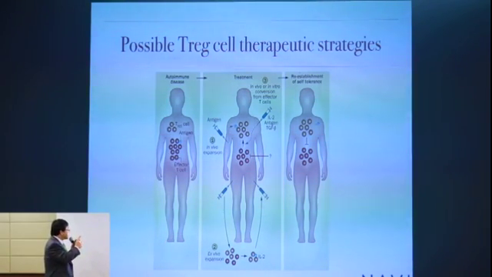The first method to expand is to inject the antigen plus IL-2 to induce some naive T cells to differentiate into Treg cells. The second method is ex vivo expansion. They draw blood from the patient with autoimmune disease and expand the Treg cells ex vivo.